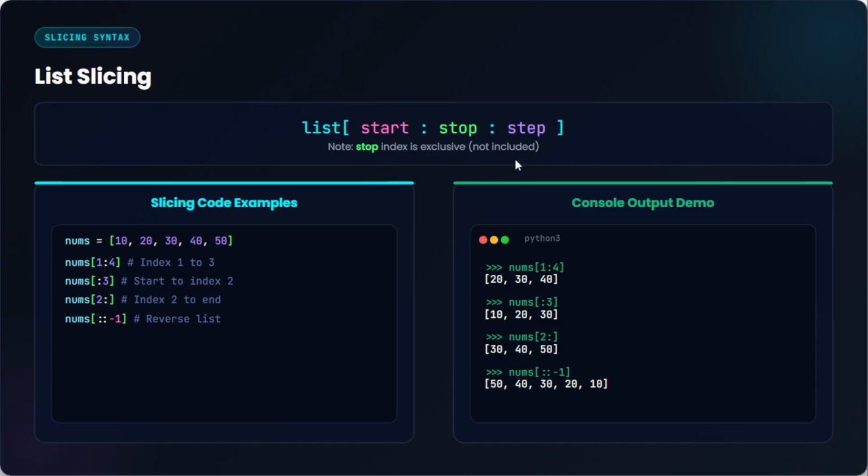Stop is exclusive, not included, same as with loops, so the last element is not accessed. Remember, stop indexing is one of the most important tools. Finally, step tells us how many steps we need to jump. So let me show you with the coding.